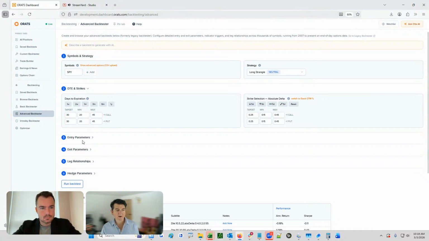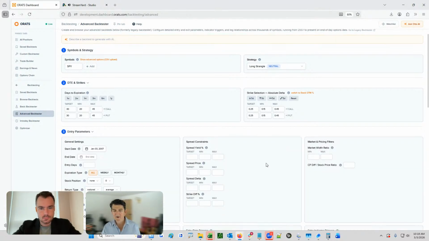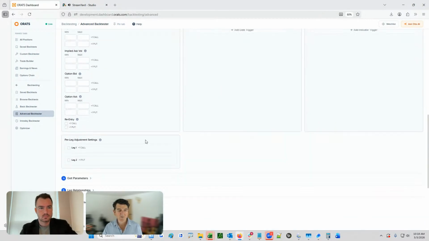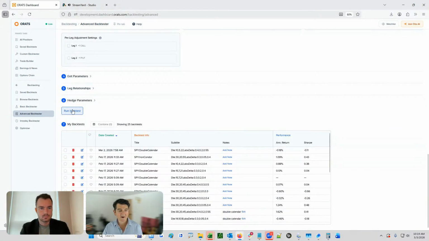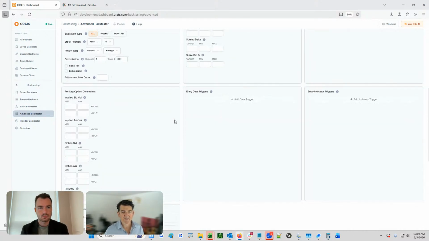But then we'll look at what the entry parameters are. First of all, what I like to do is just run it on its own, just getting in and getting out every time the backtest enters or exits. But in this case, we'll use entry triggers.